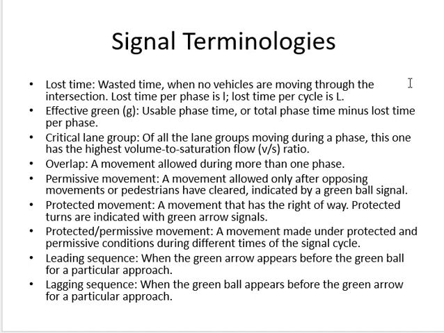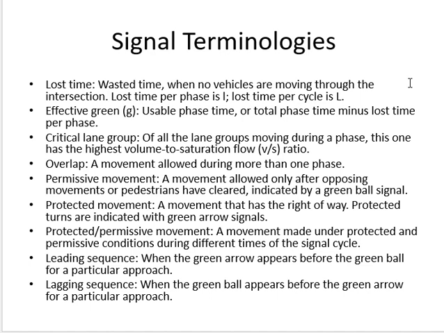It is done when the movement has low volume in most times of the day. The movement is very low, so I don't feel the need to design a phase for it. But there are one or two hours of the day when that movement has very high volume. If you allow it to be permissive at that time, it will cause either a very long queue or too many crashes, because people will try to enter since they have a queue behind them.